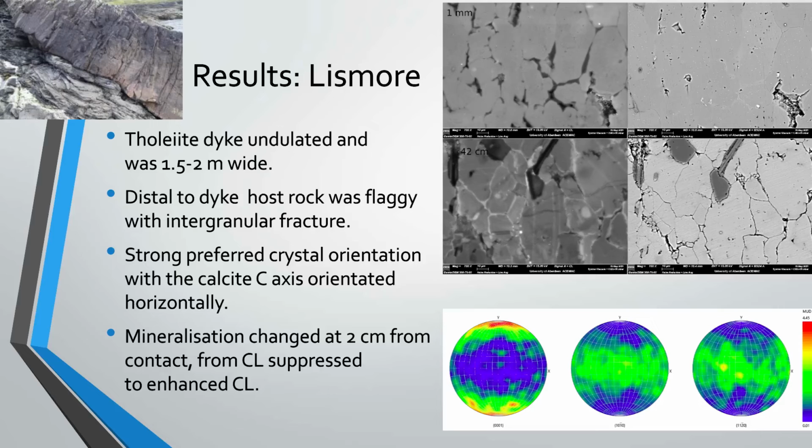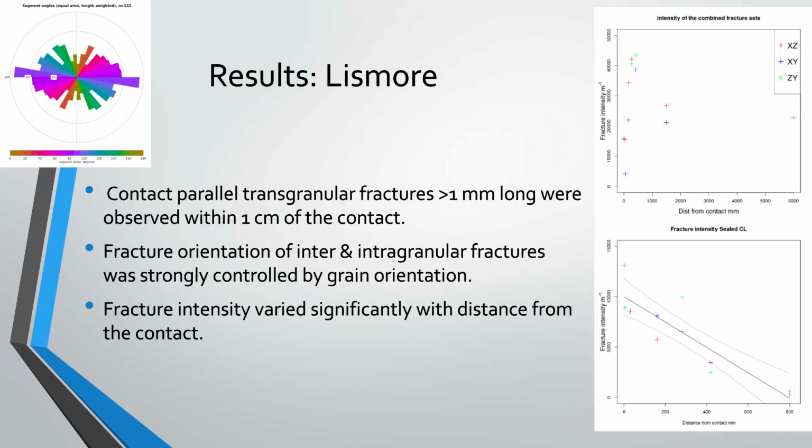EBSD analysis demonstrates negligible variation in crystallographic properties such as shape and misorientation between 1 centimetre from the contact and distal to the intrusion. Transgranular fractures greater than 1 millimetre in length were present within 1 centimetre of the contact, running parallel to the contact.